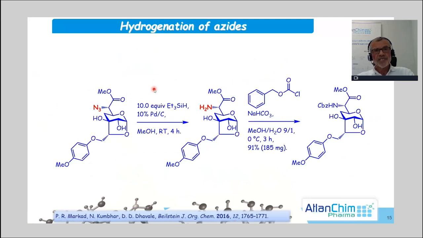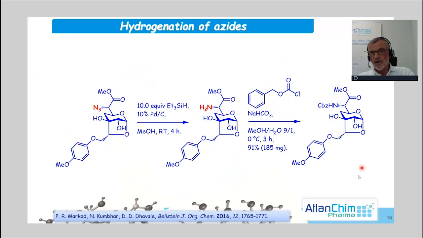in the total synthesis of the sugar framework of a nucleoside antibiotic from D-glucose, this azido sugar here was subjected to 10% palladium on carbon and 10 equivalents of triethylsilane to reduce the azide group here to this amine here, without affecting the para-methoxybenzyl protecting group, giving this crude amine here, which was directly reacted with benzyl chloroformate.